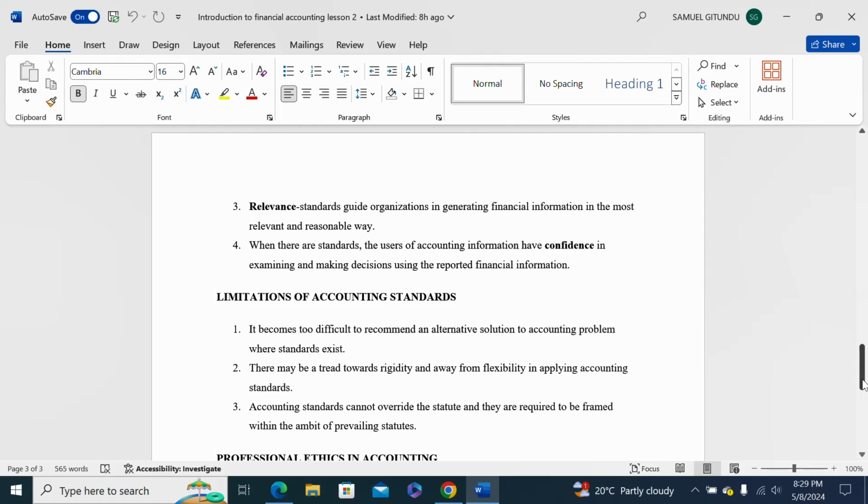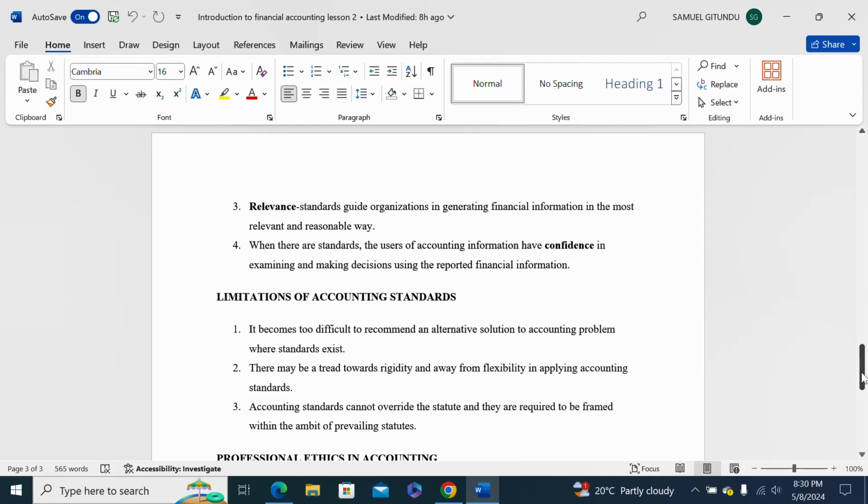So if the accounting standard states otherwise, then there's a conflict between what the law says, the law being the statute here, and what the accounting standard is saying. And since the accounting standard cannot override that, that becomes a challenge. So those are the limitations of accounting standards.